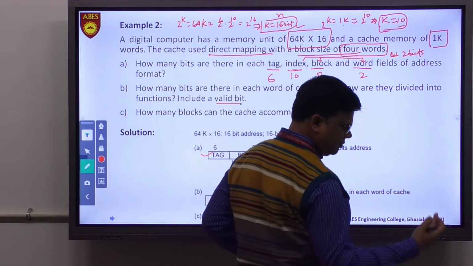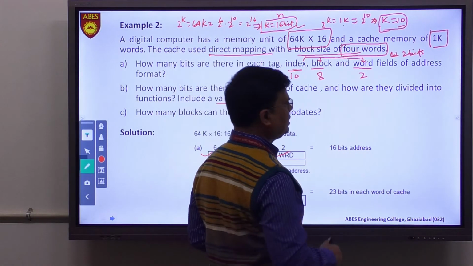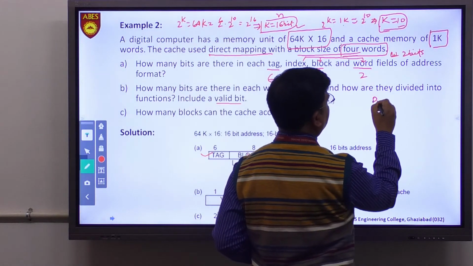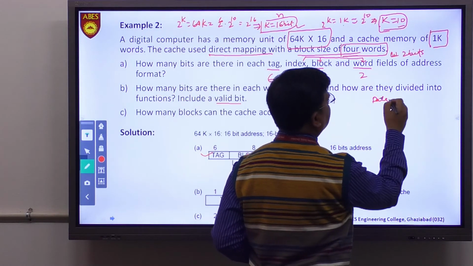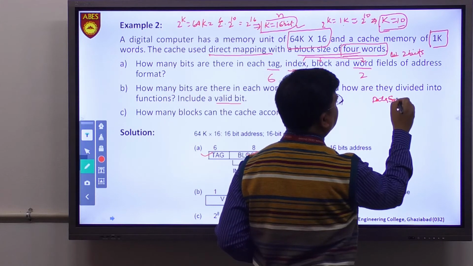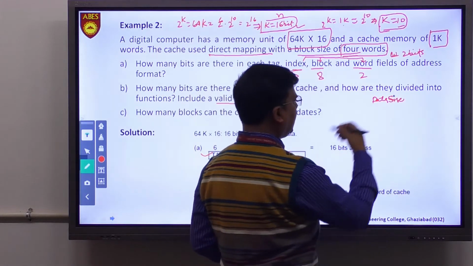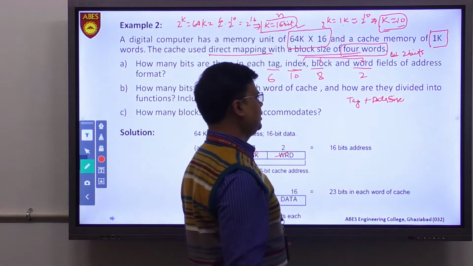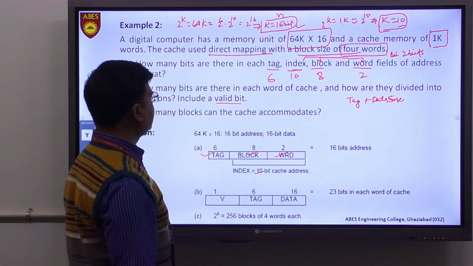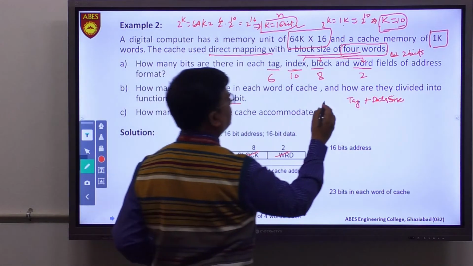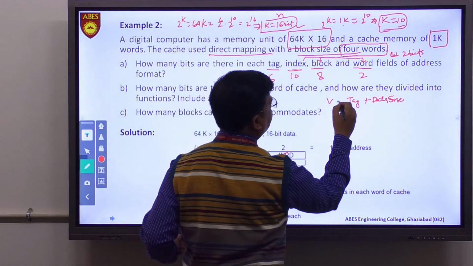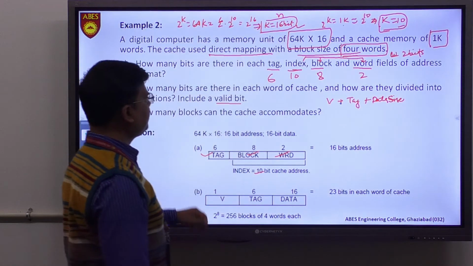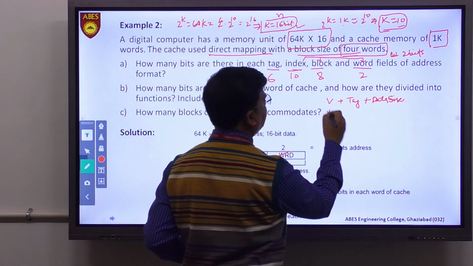Whenever data is transferred from main memory to the cache memory, the data in the main memory along with its tag is stored over there. In this case, they have included the valid bit also, so we need to add it. The size of valid bit is 1 bit.